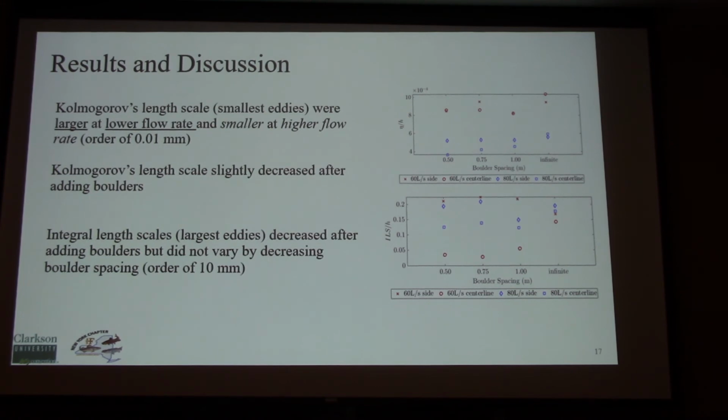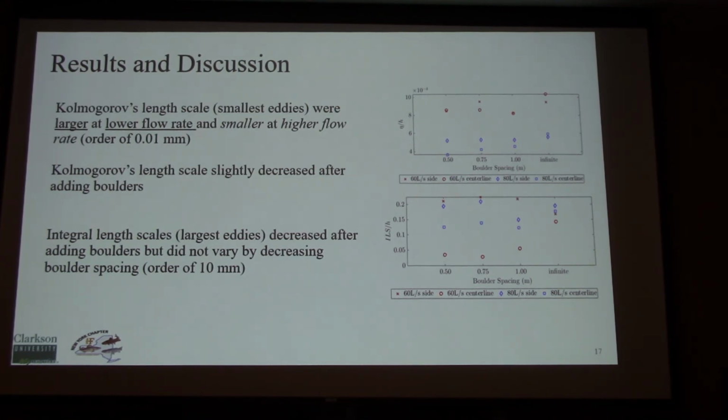For eddy sizes, as I said before, Kolmogorov length scale shows the smallest eddy scales. This scale was larger at lower flow rates, but smaller at higher flow rates. And the order of that was 0.01 millimeter. It's very small.